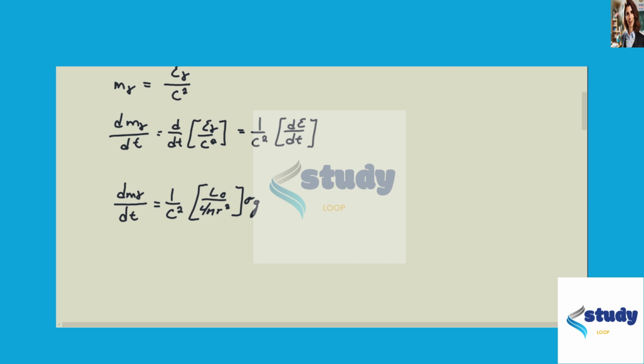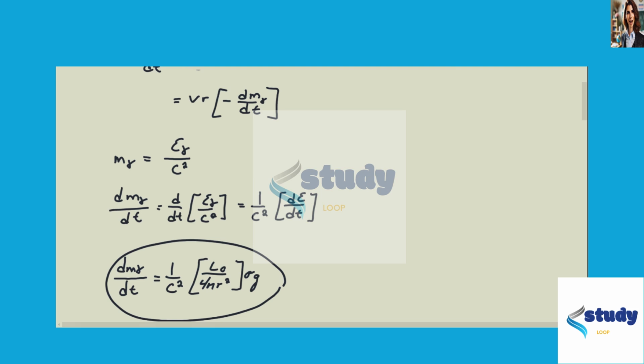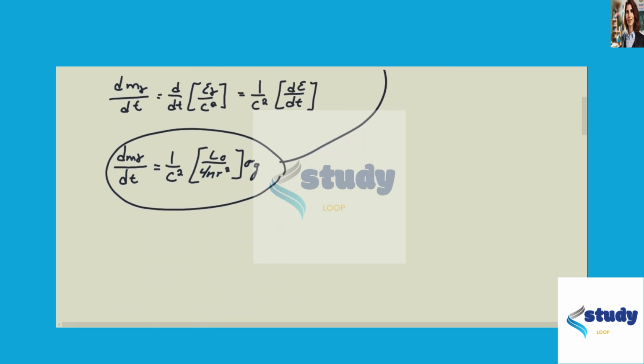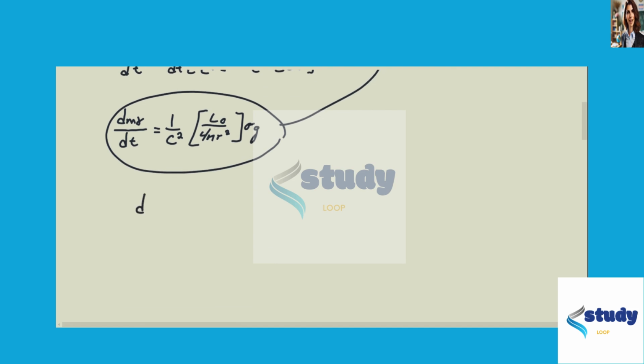Now we can insert this whole thing into the earlier equation. So dL/dt equals negative vr, times 1 over c squared, times the luminosity over 4 pi r squared.